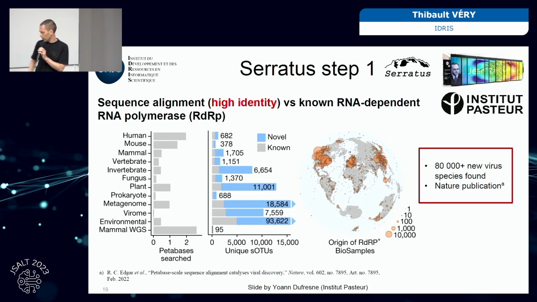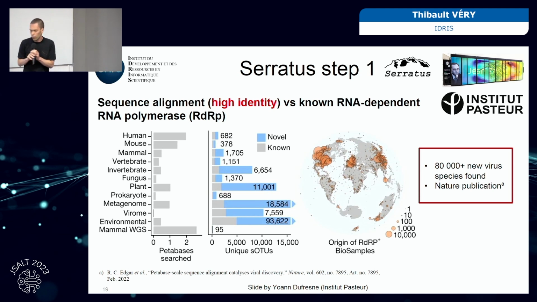So the first step was what they called high identity sequence alignment. They tried to find some very close matches for the sequences. And as I told you, if you have a lot of amino acids in common, you can think that they have the same function.